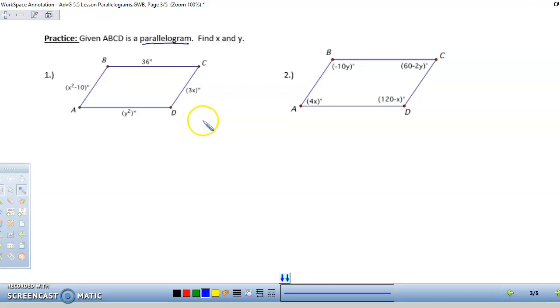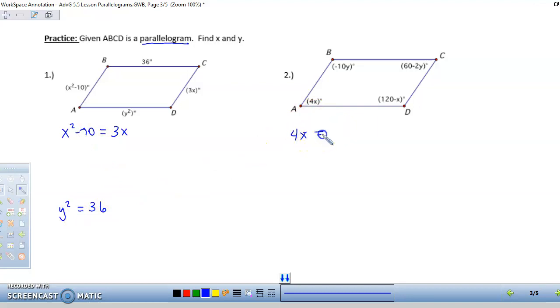So I will give you a second to pause and write two equations here and two equations here. Okay, welcome back. So you should have x squared minus 10 is equal to 3x. That's easy enough. And then you should also have y squared is equal to 36. On this side, you should have 4x, and I separated those because this is only x's and this is only y's, so you can solve them separately.